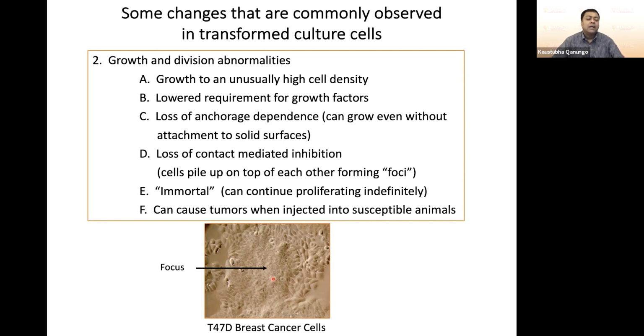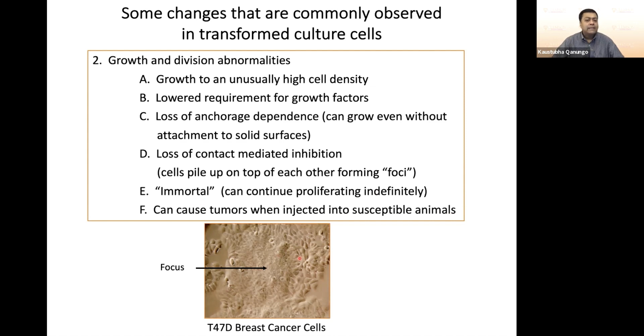It is probably the most used cell in biomedical science, cell biology, or any kind of thing. So it is still growing in thousands of different laboratories across the world. And the cell was originally isolated from a tumor in 1956. So think about that. They are immortal, continue to proliferate indefinitely.